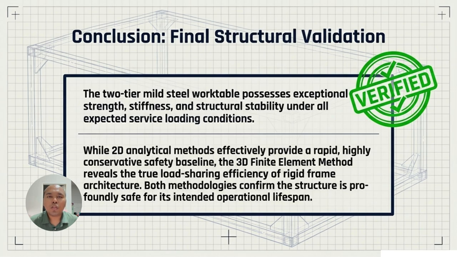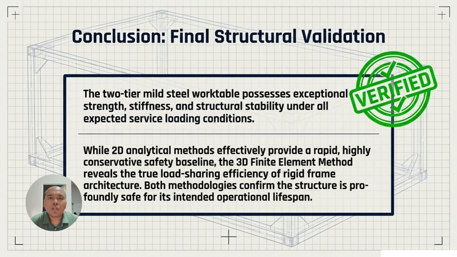So in conclusion, both analytical calculation and finite element analysis were successfully used to evaluate the structural performance of the rectangular two-tier work table. The calculated stress and deflection values were well within acceptable limits, while the factor of safety exceeds 17.